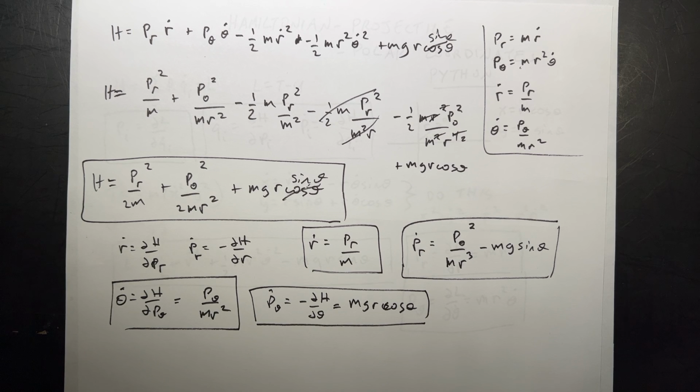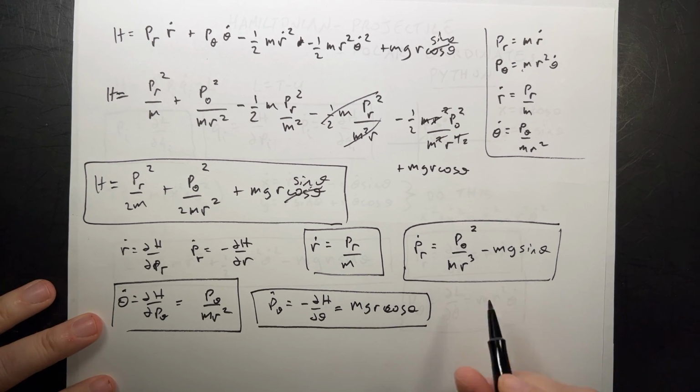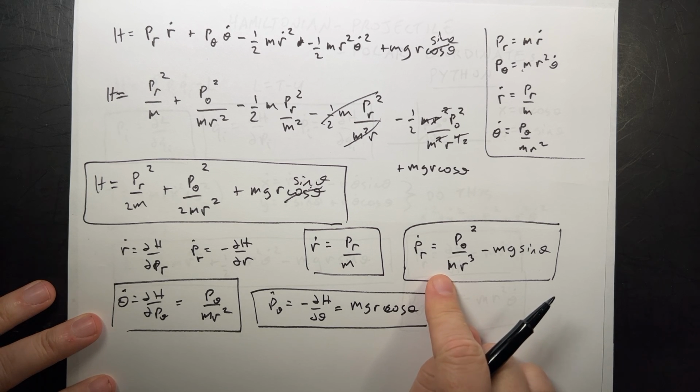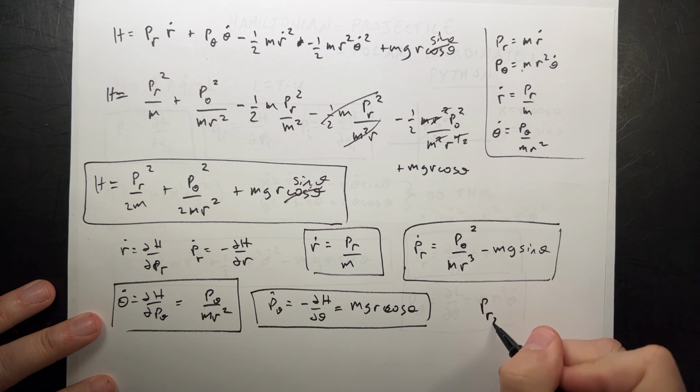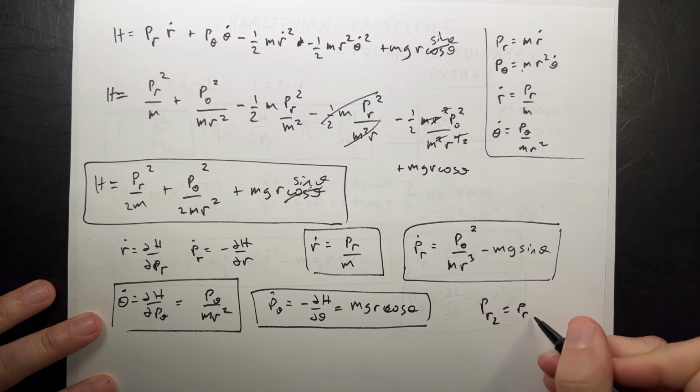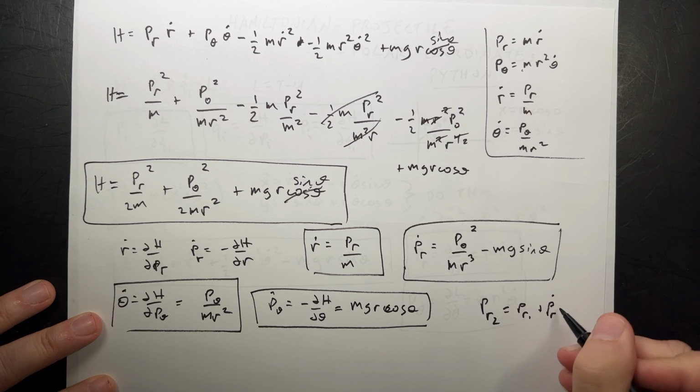So I'm going to solve this by saying, number one, I can calculate pr dot, and I can use that to update pr. So I can say pr2 is pr1 plus pr dot delta t.